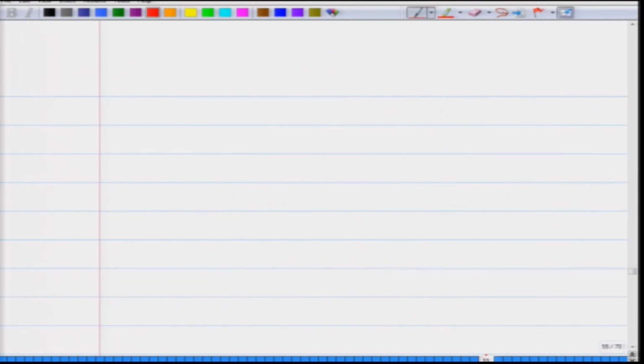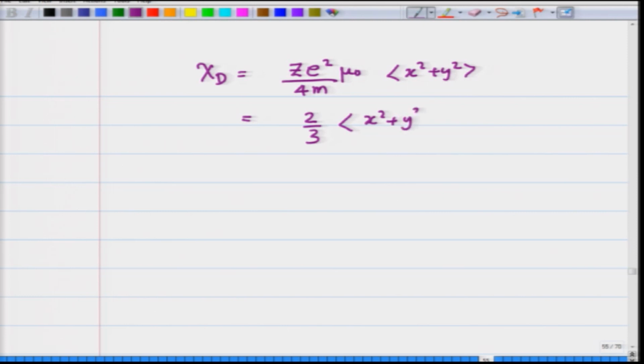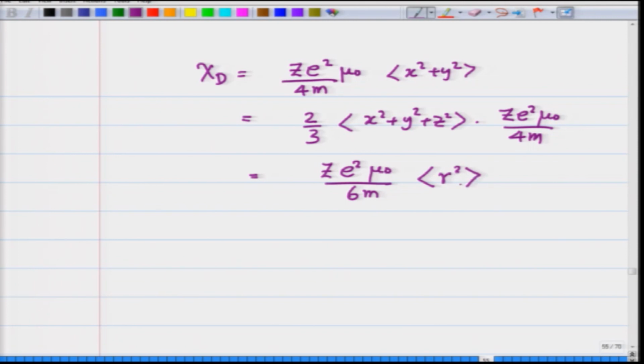So, I can write the diamagnetic susceptibility chi d as z e square over 4 m mu 0 times the expectation value of x square plus y square, which I can write as 2/3 of the expectation value of x square plus y square plus z square, because I am taking only 2 terms for a spherical system, times z e square mu 0 over 4 m, which then I can write as z e square mu 0 over 6 m times the expectation value of r square in a system.